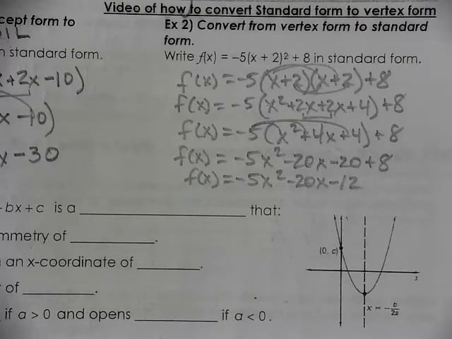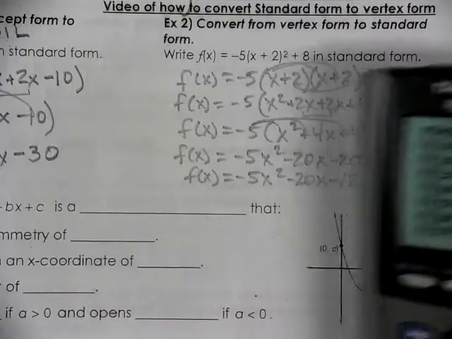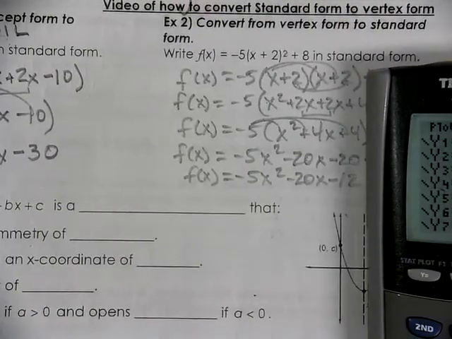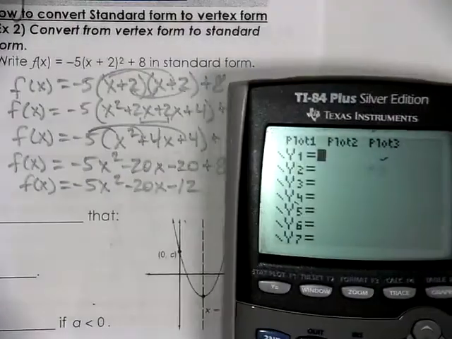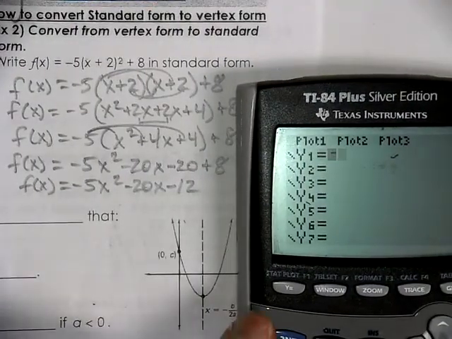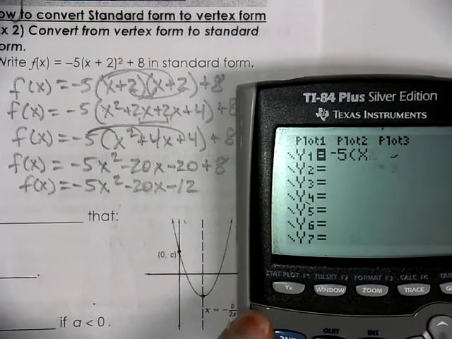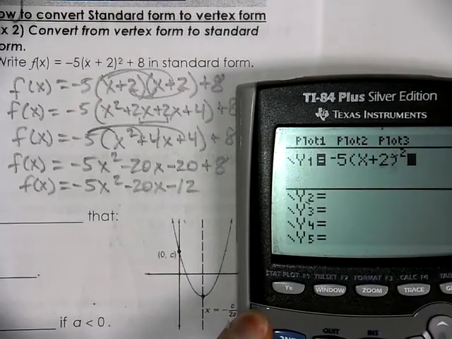You could test that out by putting it into a calculator and seeing if we get the same result. So negative 5, x plus 2 squared plus 8.